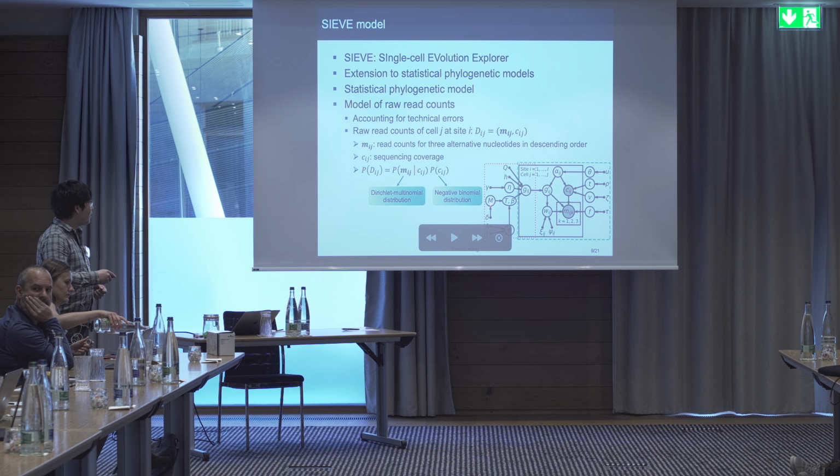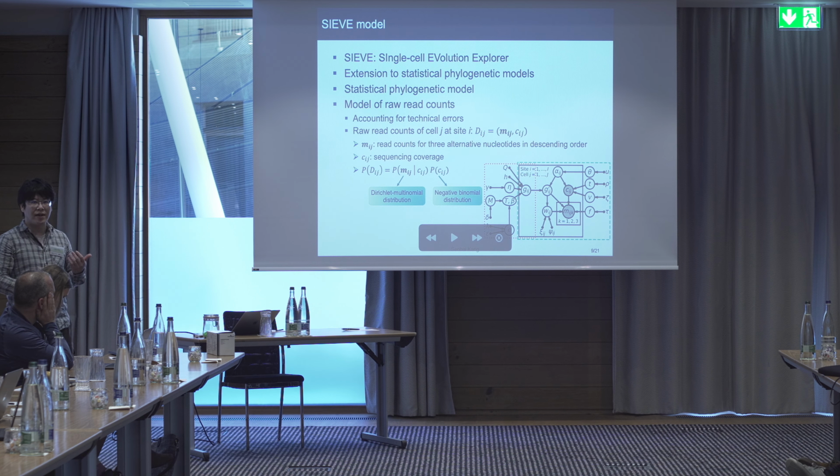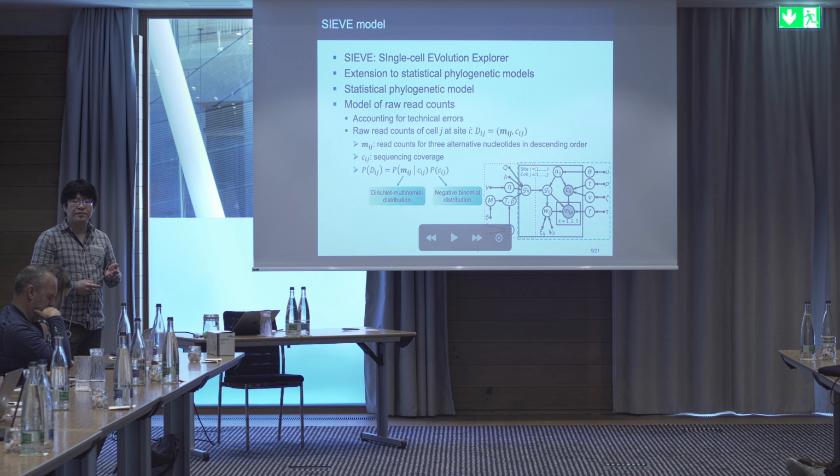We have some assumptions about the mean and variance of the negative binomial distribution. We use a nice model to link them together, and we have 2 free parameters, which are the mean and variance of sequencing coverage per allele, which are inferred inside of the MSMC.